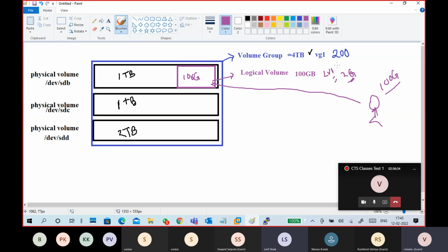So LV1 is created. Now you want to put data in this one. So how to put data in this LV1? By mounting.